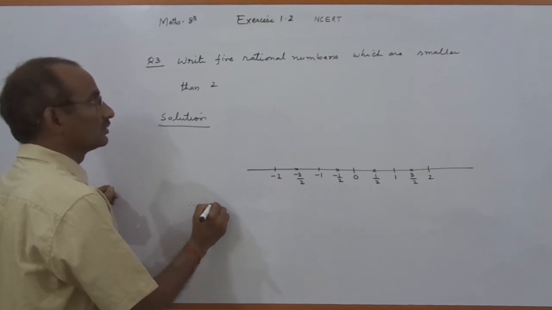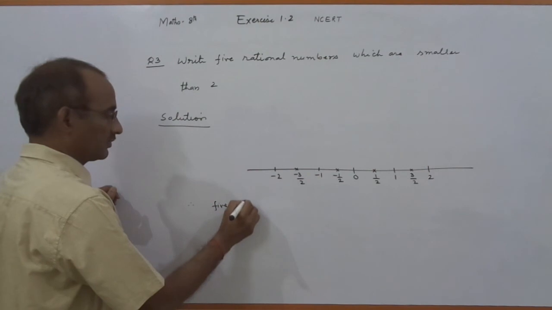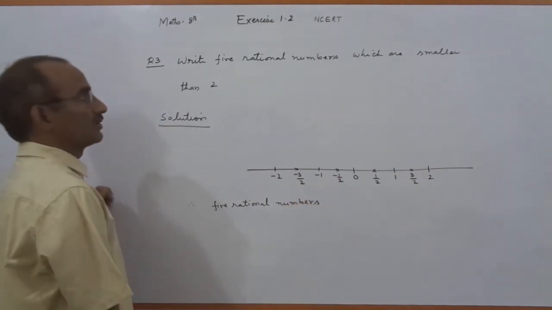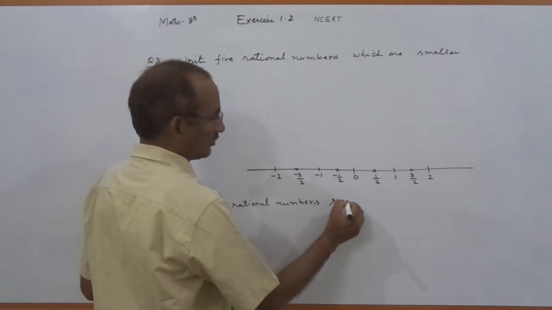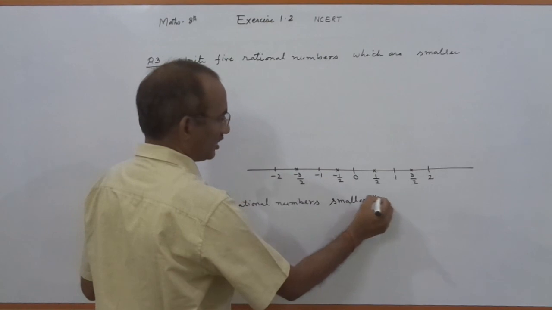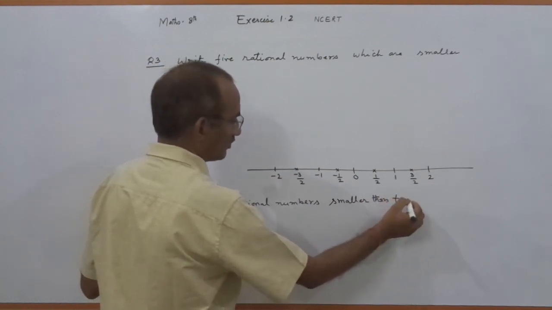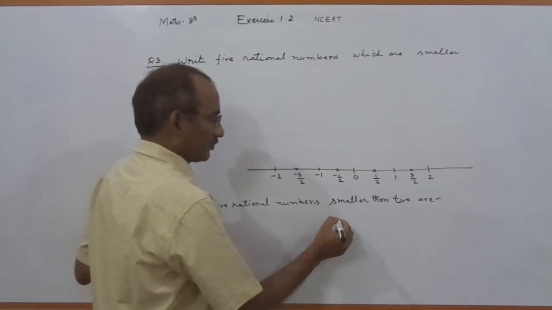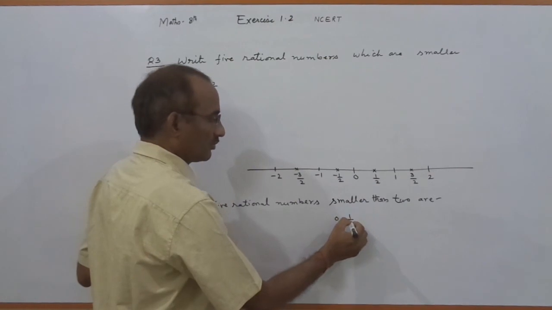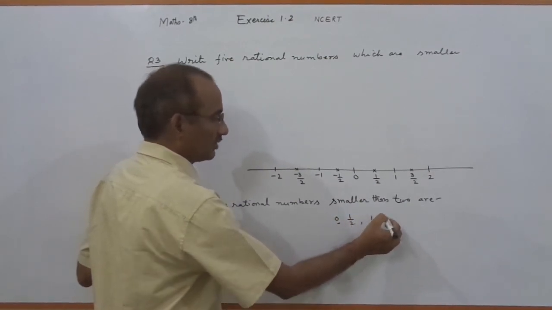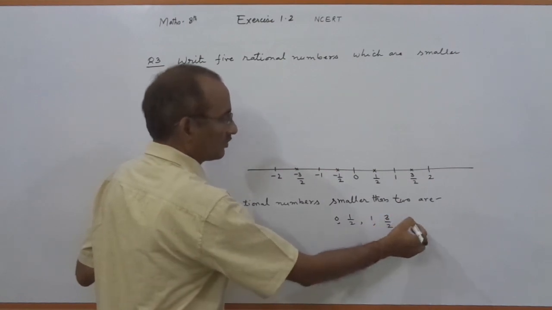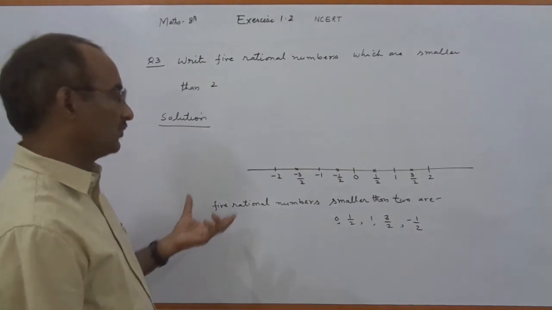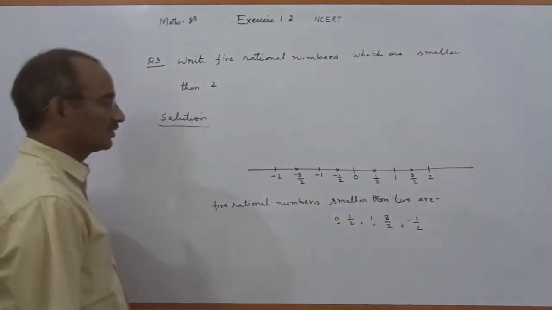Therefore, 5 rational numbers smaller than 2 are 0, 1 by 2, 1 and 3 by 2 and minus half, or you can write any 5 rational numbers from these rational numbers.